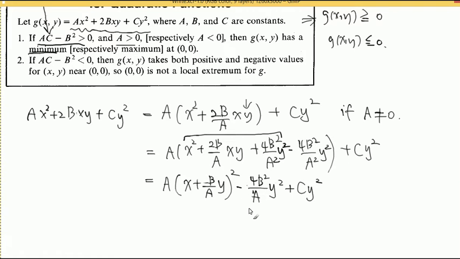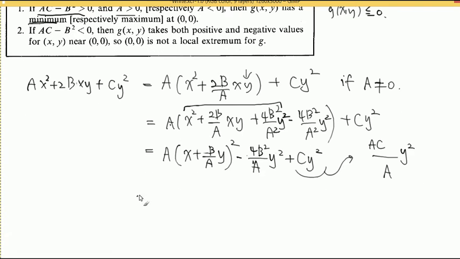Does that make sense? So those three terms become a perfect square. If you multiply a there, that a and negative y squared, and this out there. So this one, you have to turn that into a common denominator. So if you put a in there, that's ac y squared, right? So all that gives you a times x plus b over a y squared plus all over a common denominator like this, a.